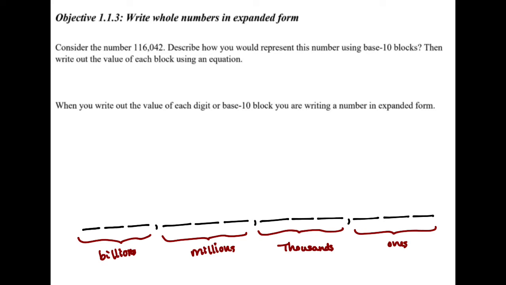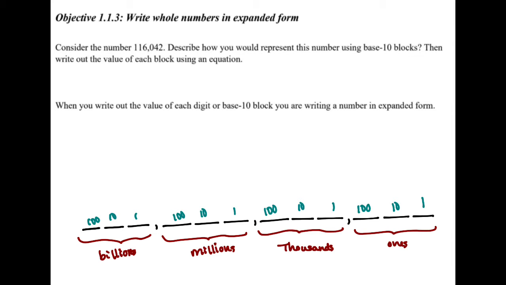And if you remember, we talked about the ones place, the tens place, and the hundreds place of each one of these different periods, right? So just randomly choosing one, this number is in the 100 millionths place. This number is in the 10 thousandths place.